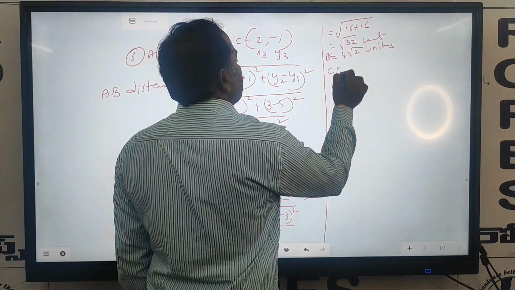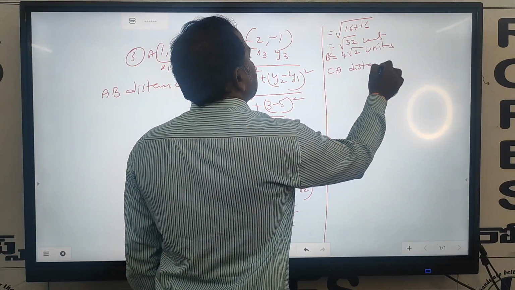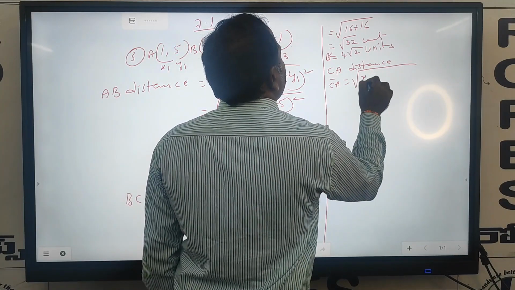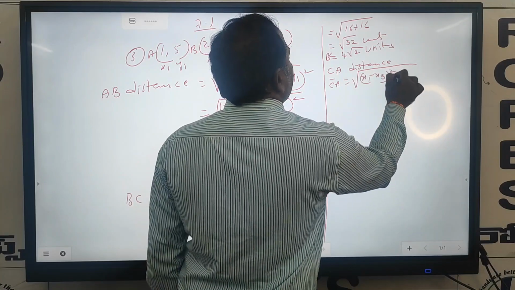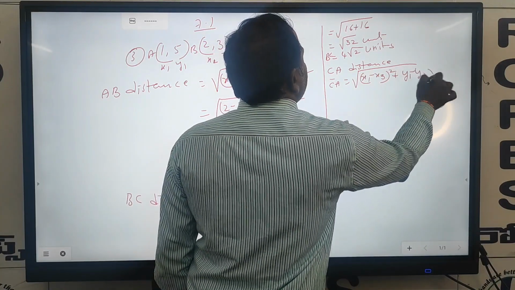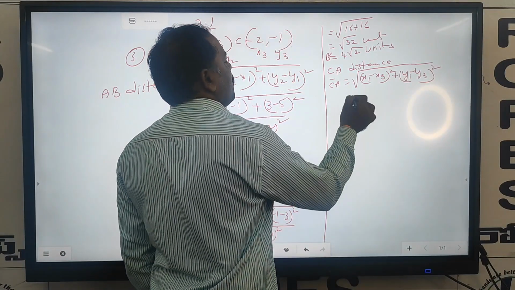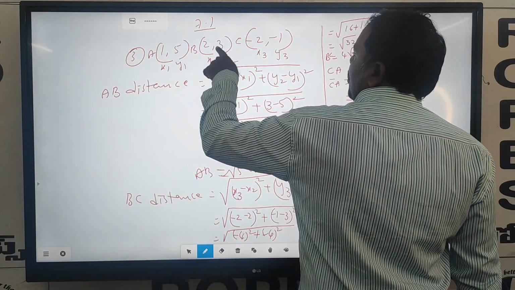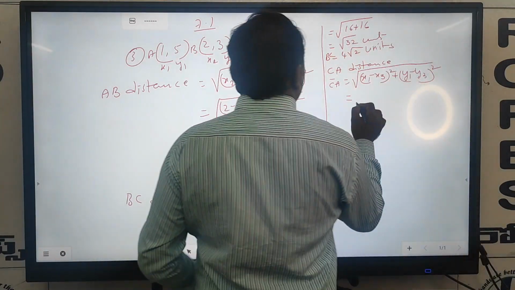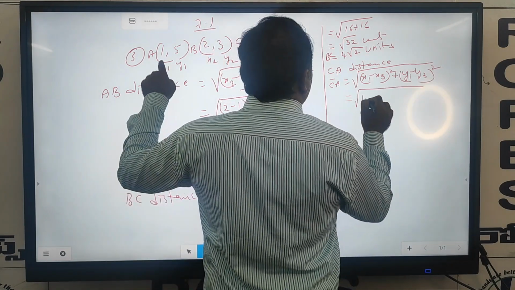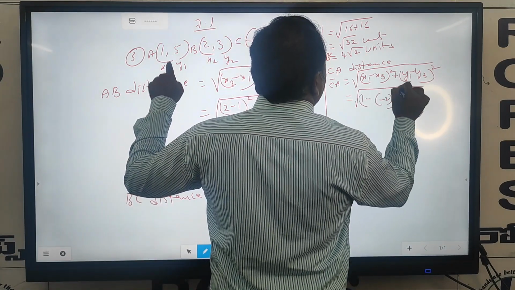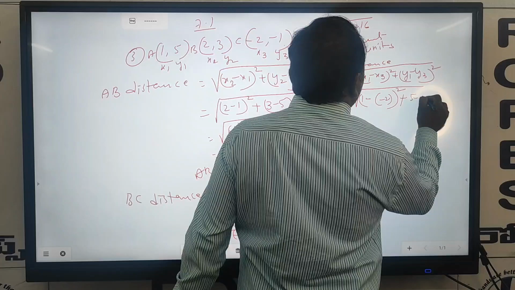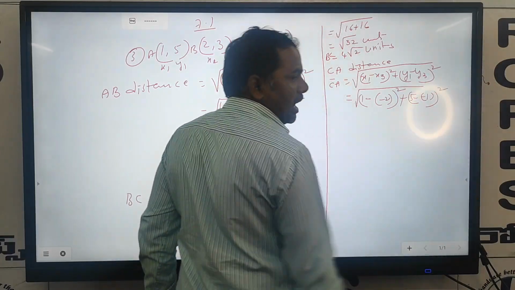Now the CA distance. CA is equal to root of (x1 minus x3) whole square plus (y1 minus y3) whole square. Here x1 is 1 and x3 is minus 2, so 1 minus of minus 2 whole square plus 5 minus of minus 1 whole square.